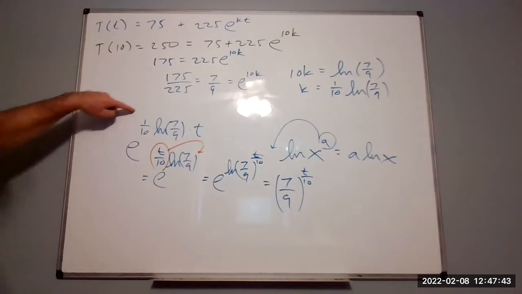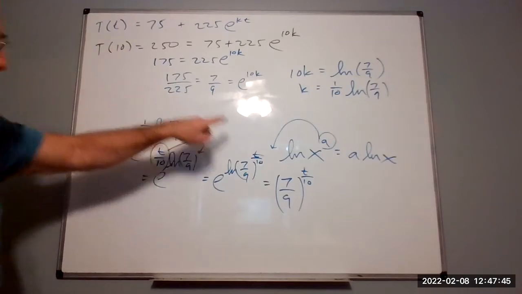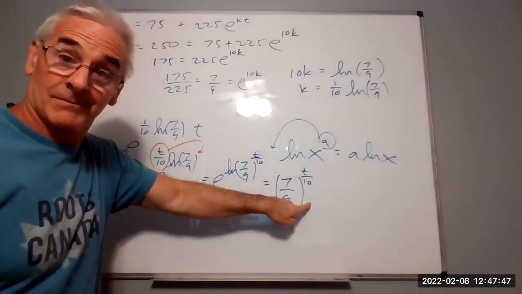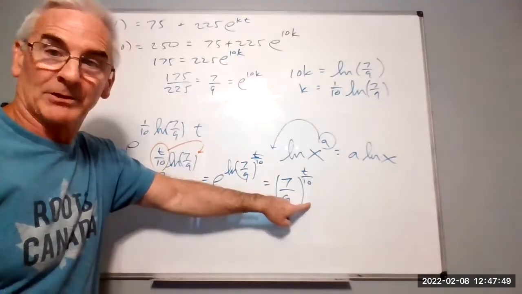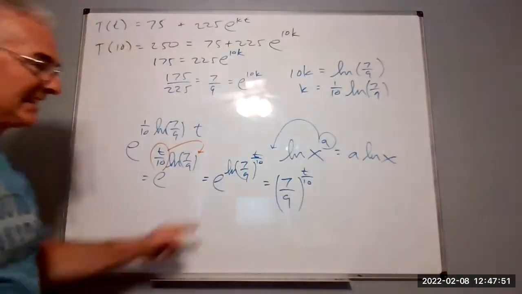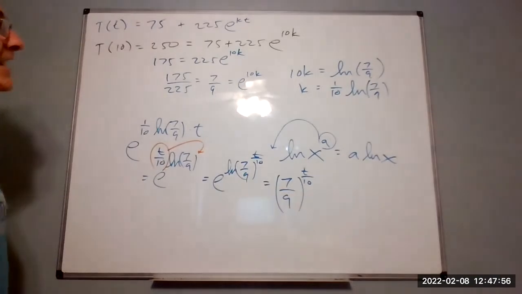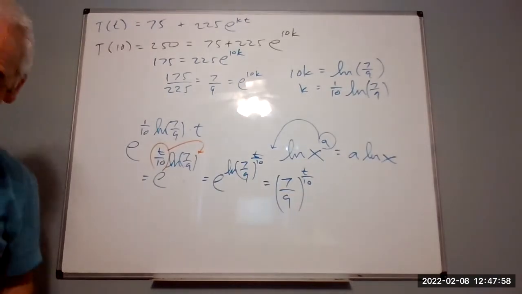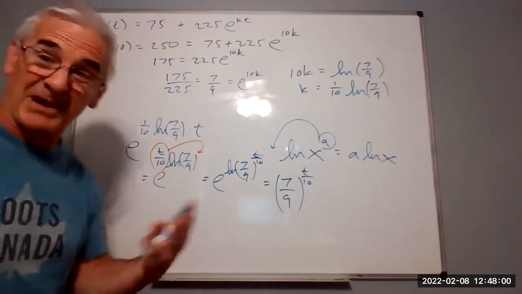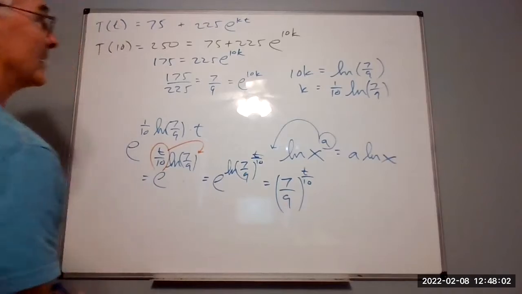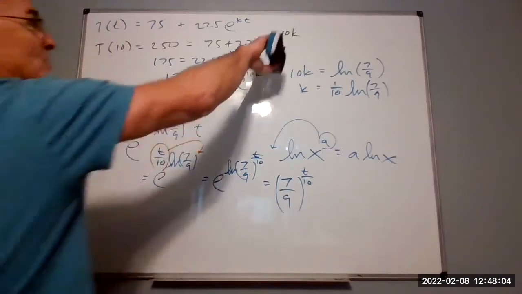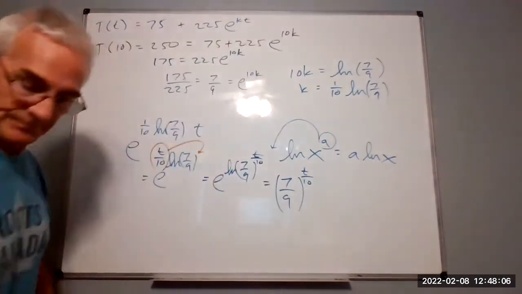So e to the kt is equal to this. Ooh, that's way better. e to the kt is exactly equal to this quantity here. I like that. I have no decimal approximations and I can give an exact value, and I might not even need a calculator to do this problem. Beautiful. So let's go back to here.